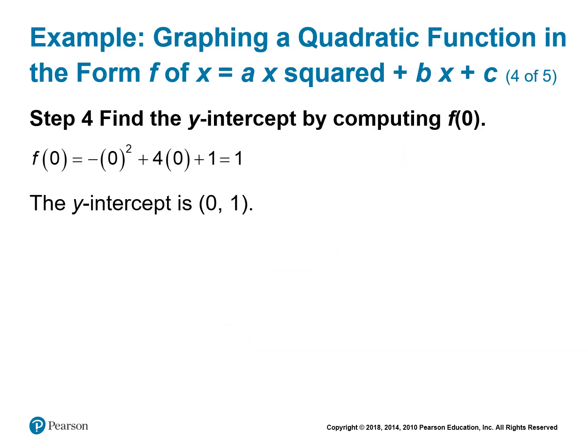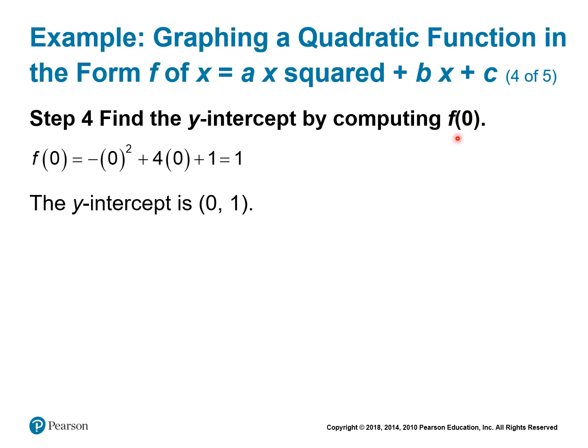Then in step 4, we find the y-intercept. That means the point where the graph is going to intersect the y-axis. And at the y-axis, x is always 0. All points on the y-axis will have an x-coordinate of 0.